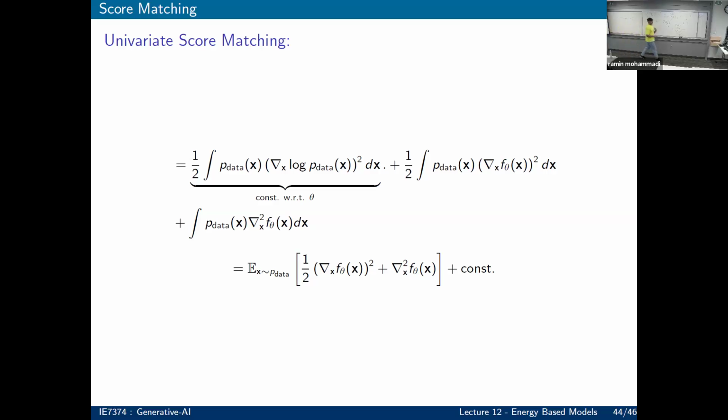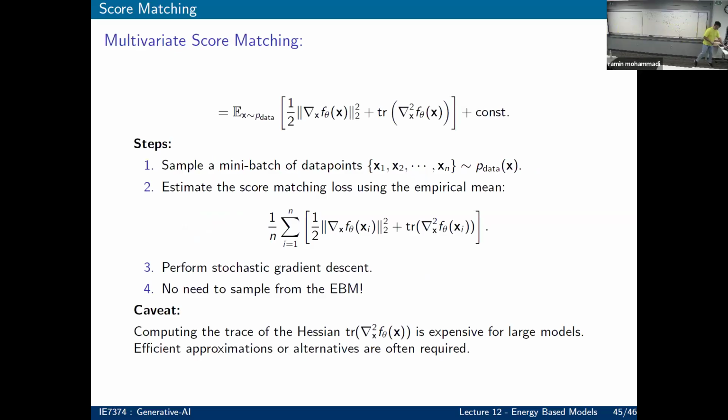If we want to convert it to an error, instead of the Hessian, you can put a trace over the Hessian, because you want the diagonal values of the Hessian. So that's where the trace comes from. So it becomes the square of the gradients plus the trace of the Hessian. Now this will become the steps of this model. So far, you have a bunch of data points that come from the distribution.